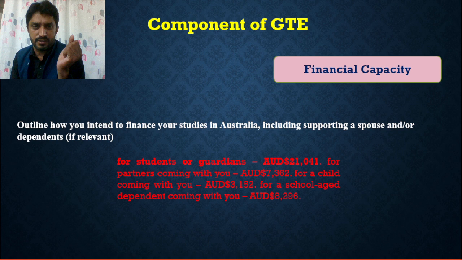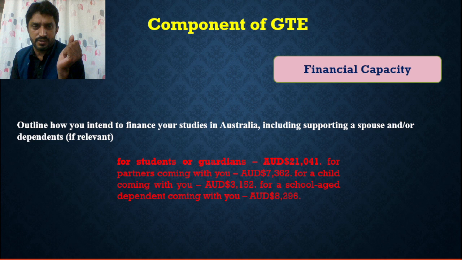If you are going for the PhD on scholarship, you do not need to provide any bank statement. You just need to provide the document that shows you are receiving a scholarship that can cover your tuition fees as well as your living stipend or expenses.